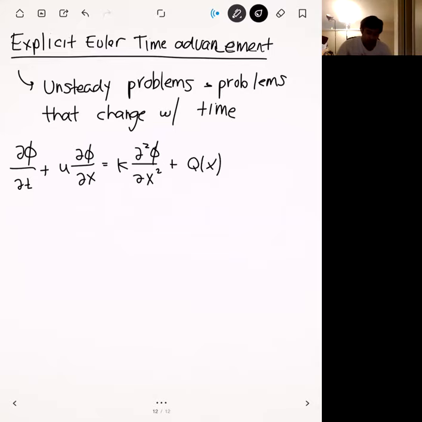This is our full transport equation, where now we have the unsteady term. The way that we're going to advance this is we're going to replace each of the derivatives here with an appropriate finite difference approximation.